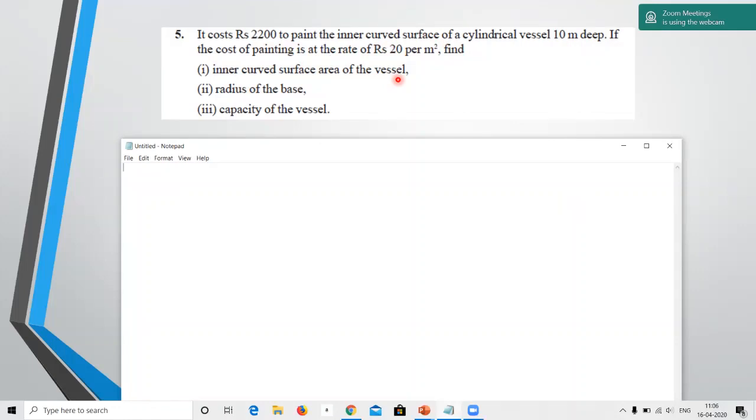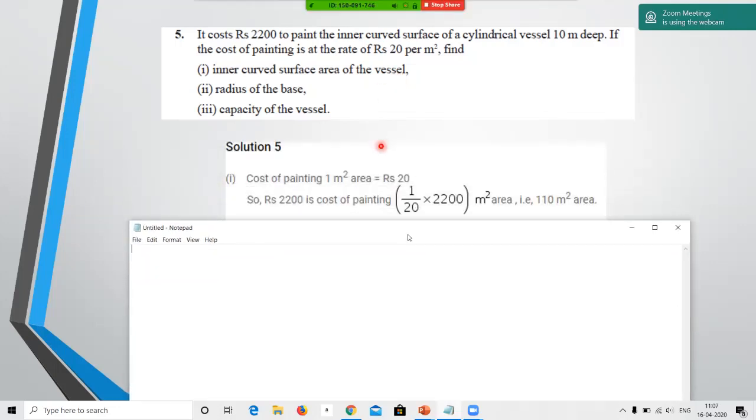Cost is given. Rate is given. So 2200 divided by 20. So what should be the answer? 110 meters square. This is your inner curved surface area. Now, from here, find the value of R.